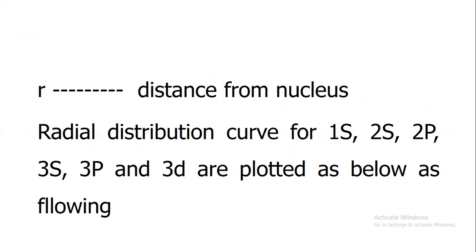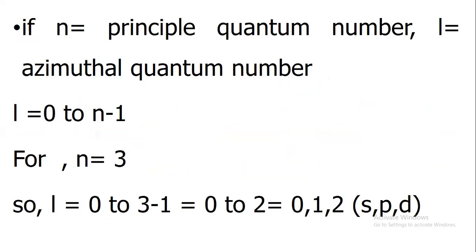Radial distribution curves for 1s, 2s, 2p, 3s, 3p, 3d are plotted as follows. If n is the principal quantum number and l the azimuthal quantum number, l ranges from 0 to n minus 1.